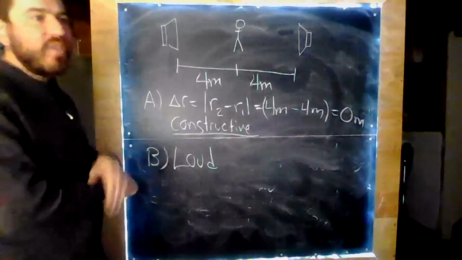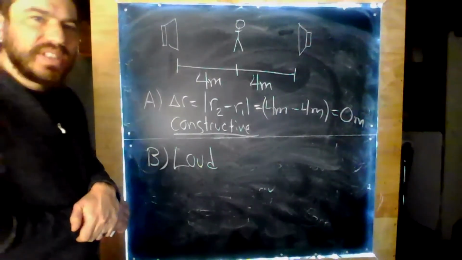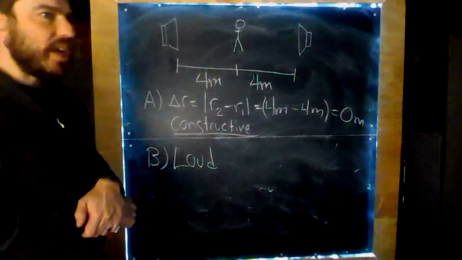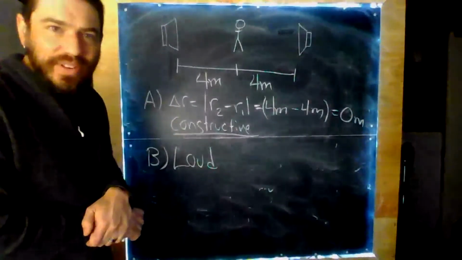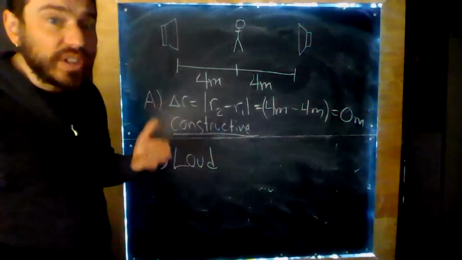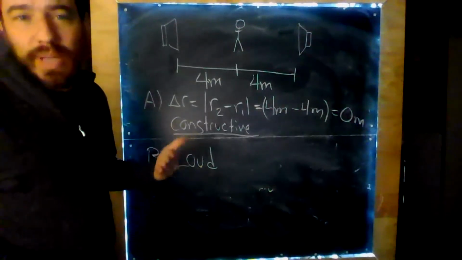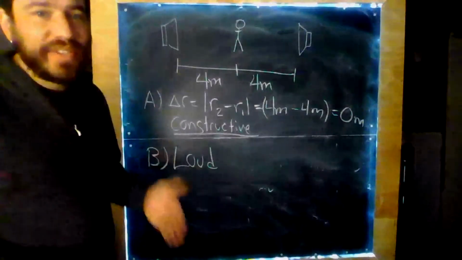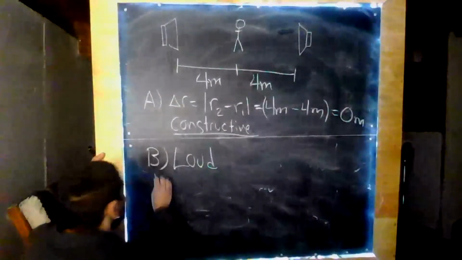Part C, how far do I need to walk towards one of the speakers to reach a point of destructive interference? In other words, I'm looking for when is the path length difference equal to 1/2 of a wavelength? Well, first we need to figure out what the wavelength is. Without that, we can't do anything. So let's go ahead and do that first. We're going to use our standard big money wave equation. It looks like this.